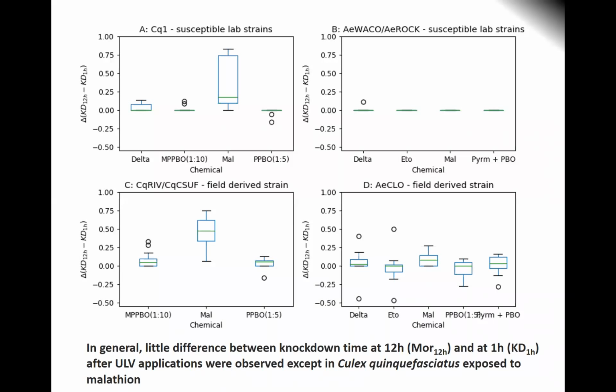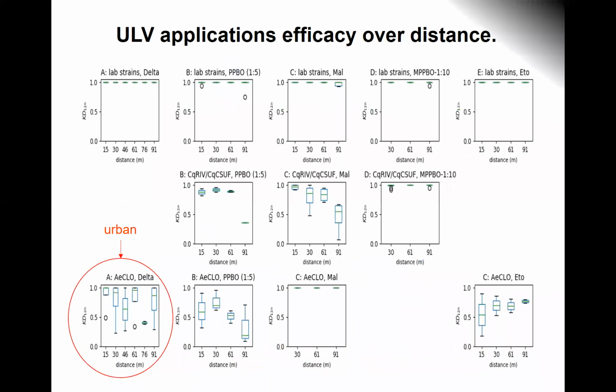So it's not going to work apparently for organophosphates, but it may work with pyrethroids. With Aedes, they're not really significantly different, even with malathion. So different mosquito species will respond differently to chemicals.